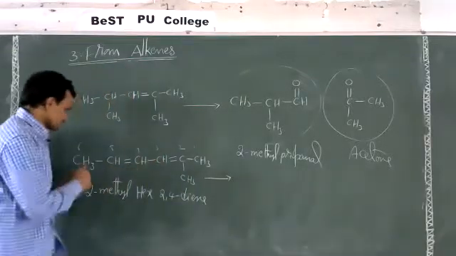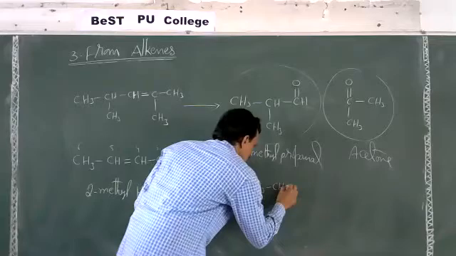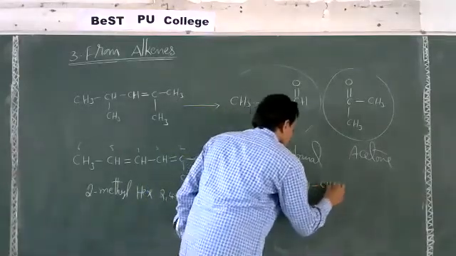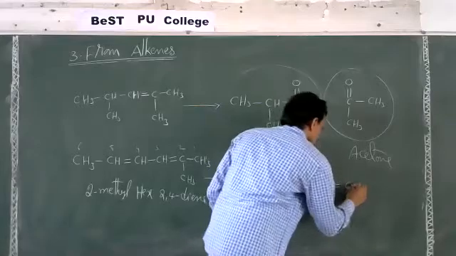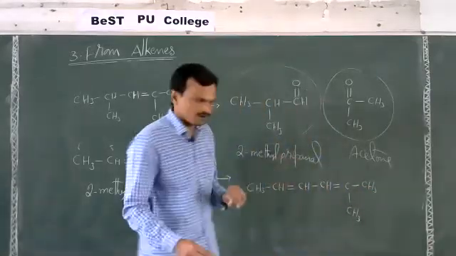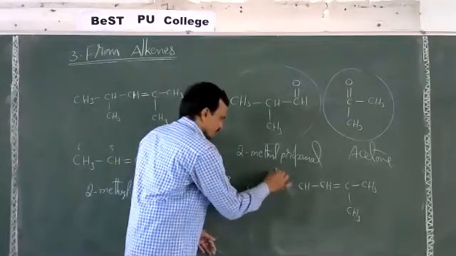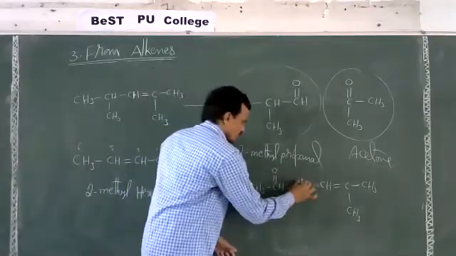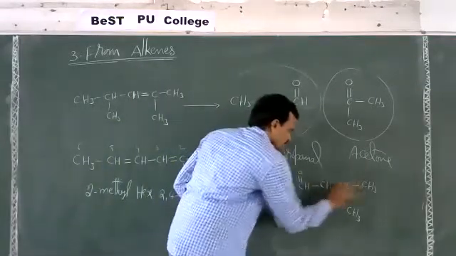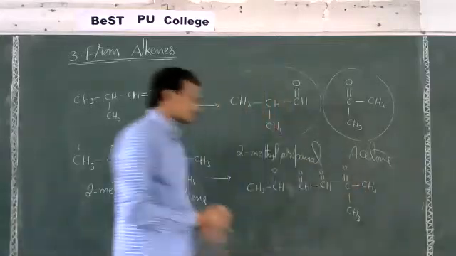As usual, see here, CH3, CH, double bond, CH, single bond CH, double bond C, CH3. First I have written the molecule as it is. Now remove this double bond. Take double bond O over here, double bond O over here. Again, remove this double bond. Take double bond O over here and double bond O over here.